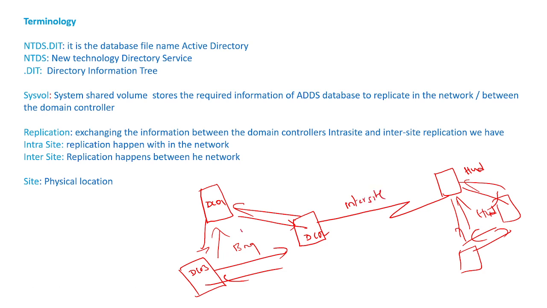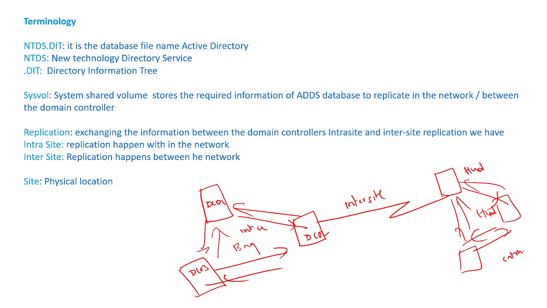This is intra. If the replication happens between domain controllers of the same location or same site, that is called intra. If the replication happens between two domain controllers of different locations or regions, that is called inter-site.